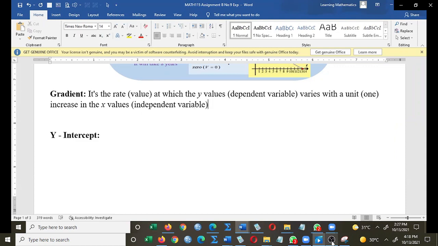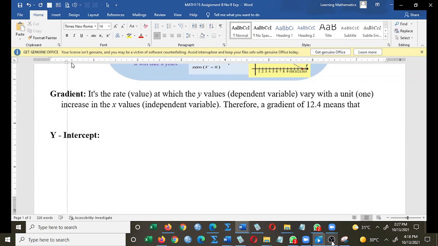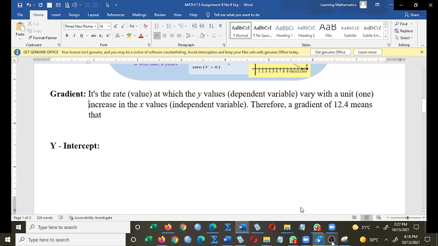Therefore, a gradient of, let's say, 12.4 means that... A gradient of 12.4 means what?